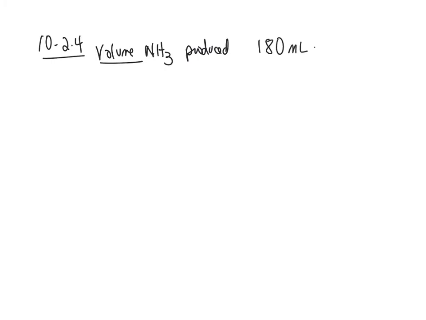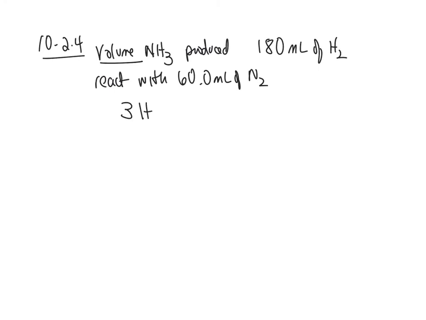Let's do problem 10.2.4. What volume of ammonia, NH3, will be produced when 180 milliliters of hydrogen react with 60 milliliters of nitrogen, according to the following equation: 3H2 gas, 3 moles, plus 1 mole of nitrogen gas goes to 2 moles of ammonia gas.